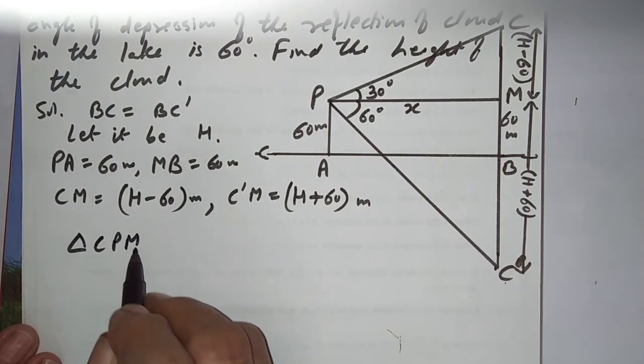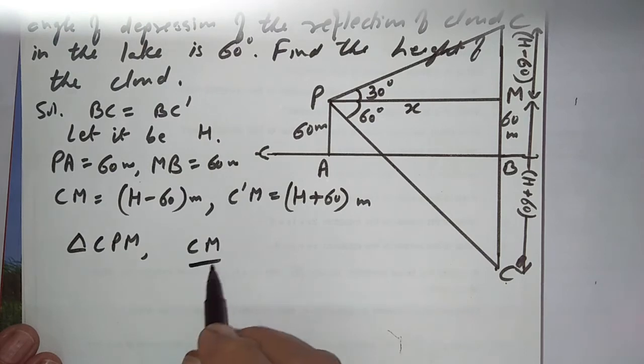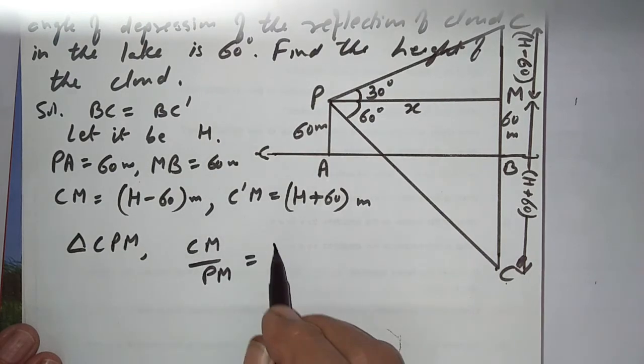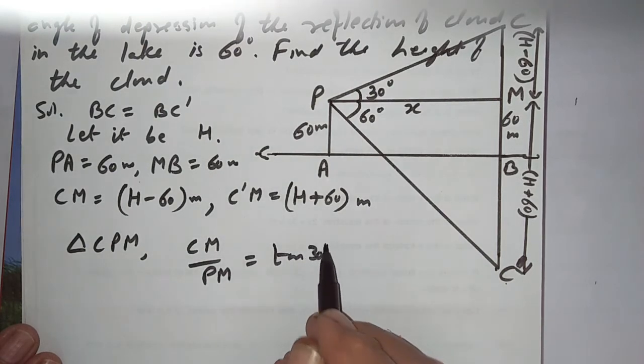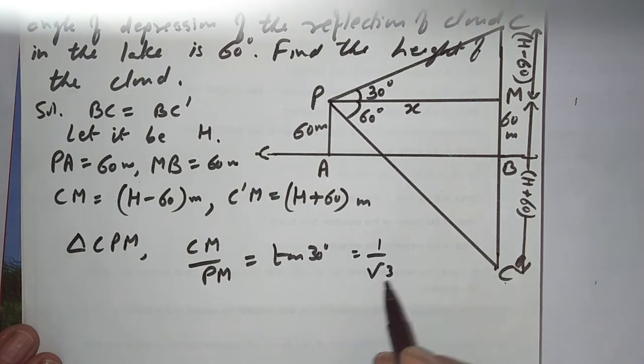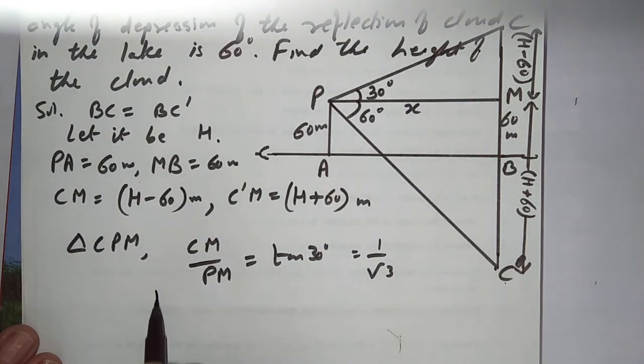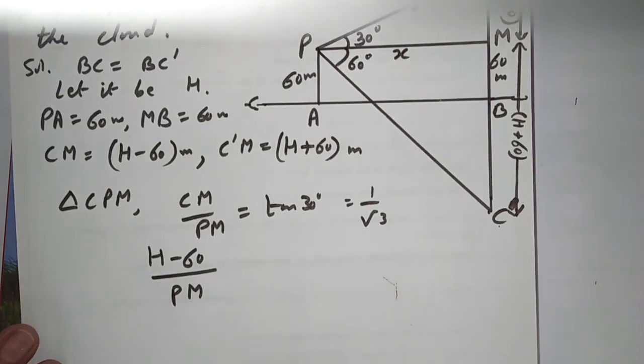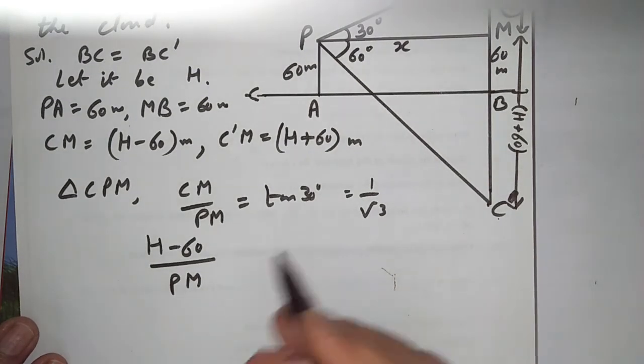In triangle CPM, CM upon PM is equal to tan 30, which is equal to 1 upon root 3. CM is our H minus 60 upon PM is equal to 1 upon root 3, let PM be x.